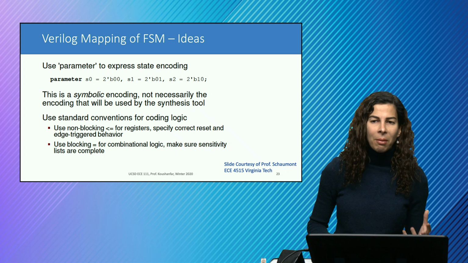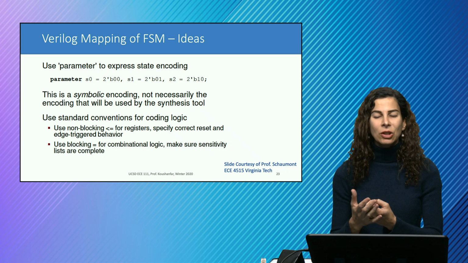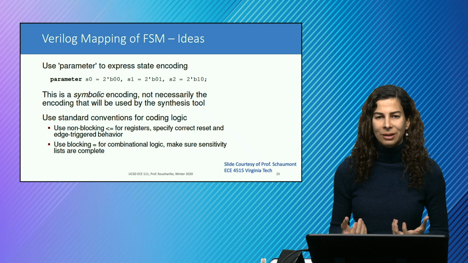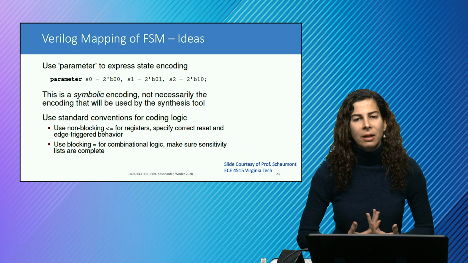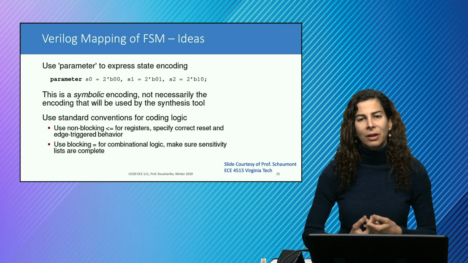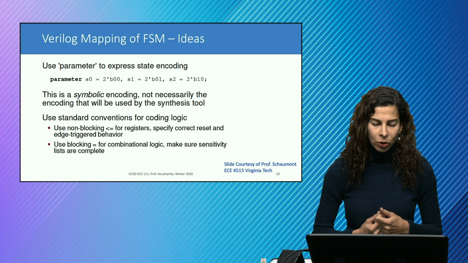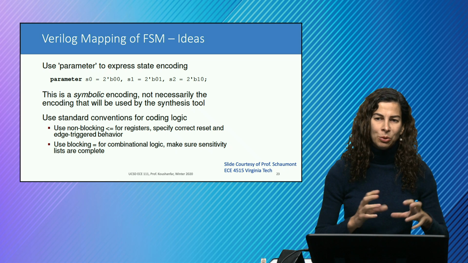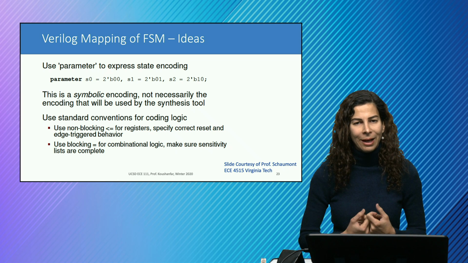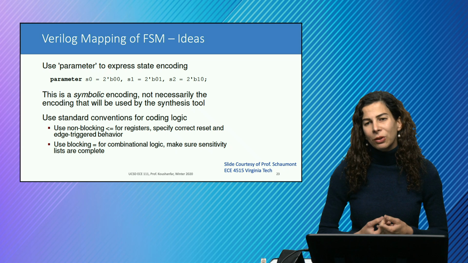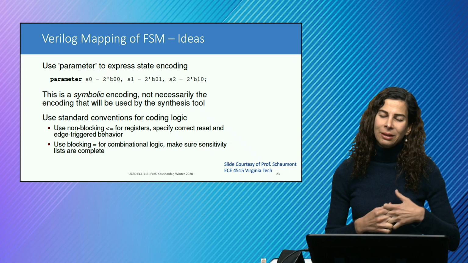And this is a symbolic statement. So the initial values that I assign to the states are basically not going to be interpreted exactly by the synthesis tool. The synthesis tool may optimize and use its own values for coding that.